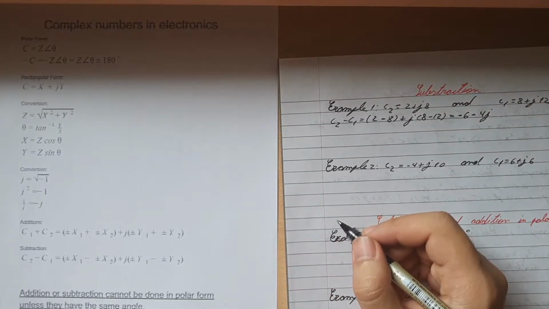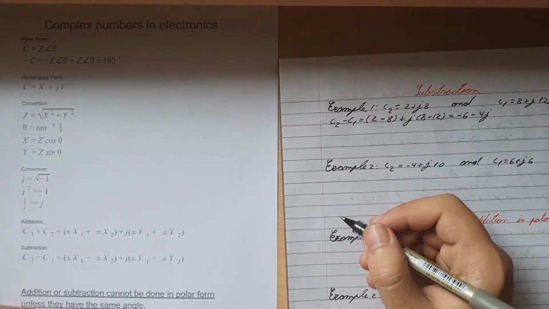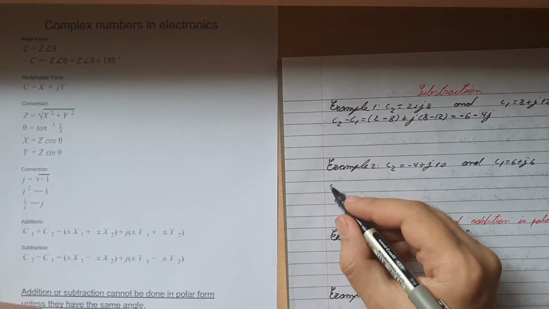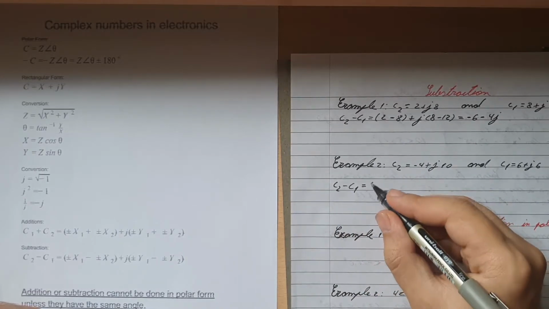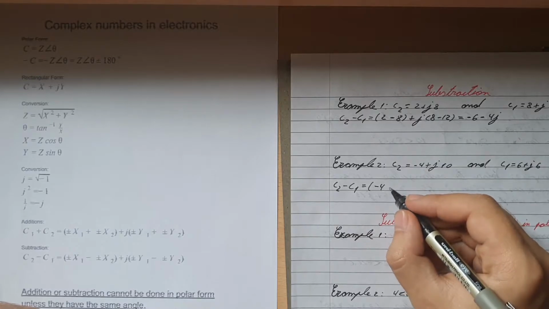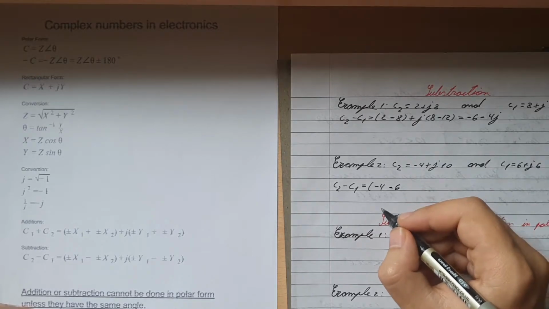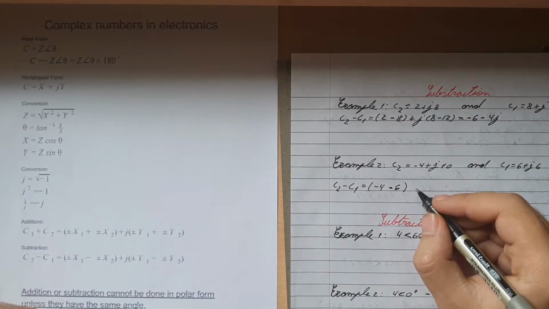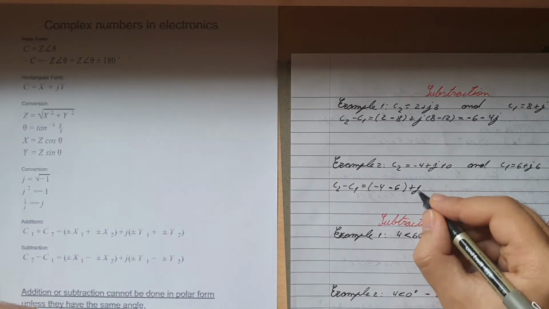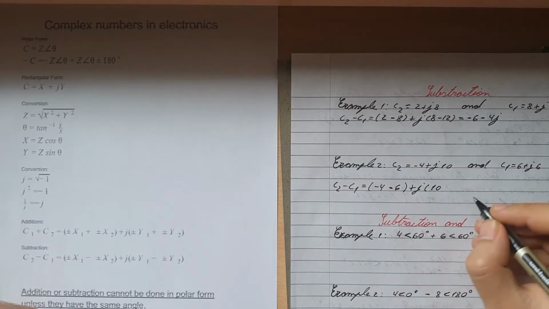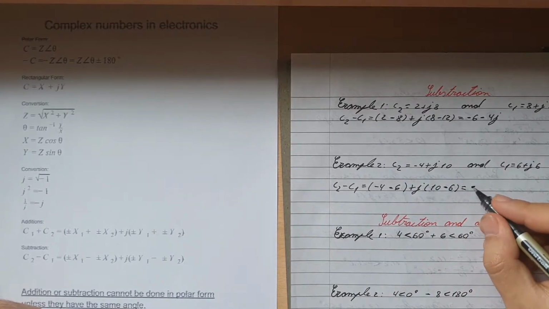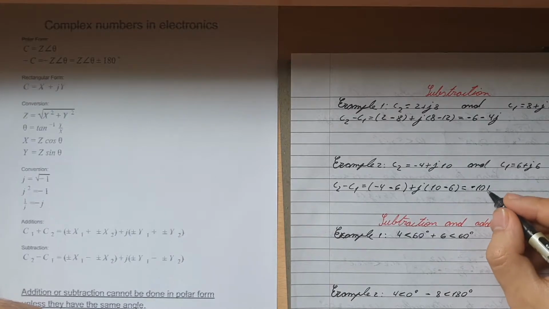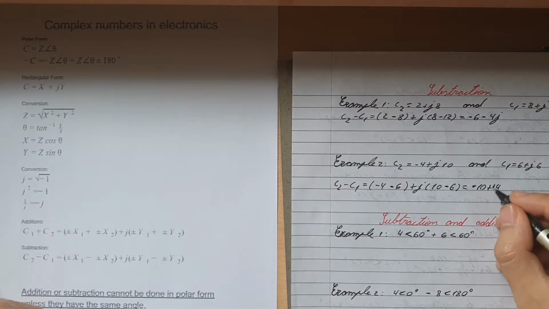In rectangular form, what is a bit hard is to multiply and divide them, but even that is possible if you know the formula. But anyway, c2 minus c1 will be equal to, in the bracket, minus 4 minus 6, let's close the bracket, and then plus j 10 minus 6, and that will be equal to minus 10 plus j4.